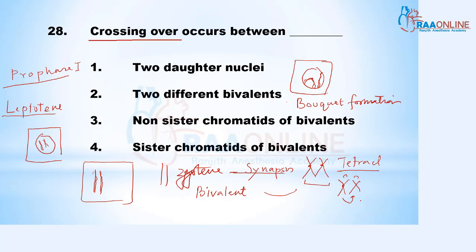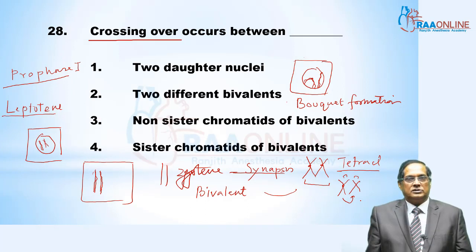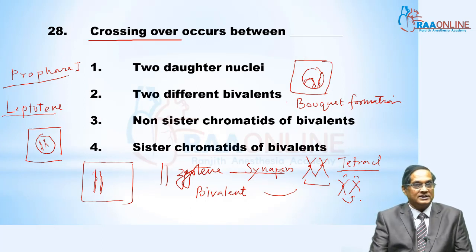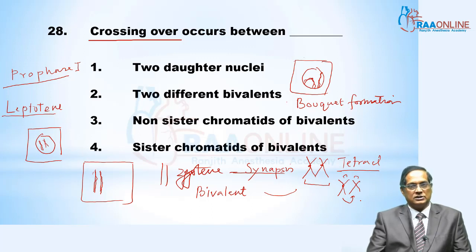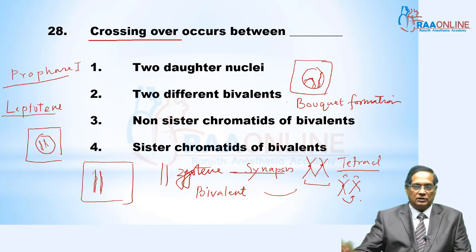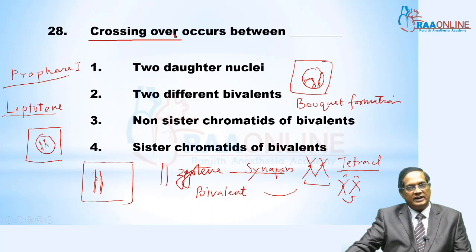There is an exchange of segments between them. That is known as crossing over. So 2 events, tetrad formation followed by crossing over, are the features of pachytene.